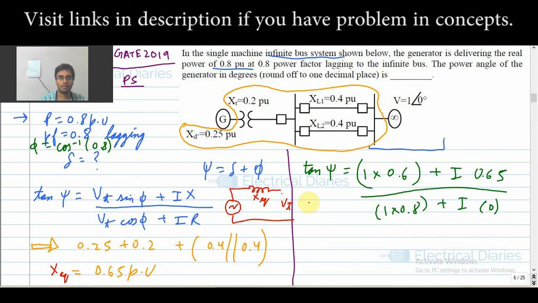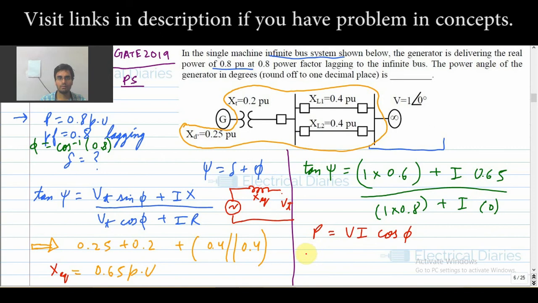Now I have to calculate I. This is the per unit system, so we use Vi cos phi. In per unit, you can calculate power in per units. If you multiply it with the base of a 3-phase power system, it will give the 3-phase power, and if you multiply it with the base of a single phase power system, it will give the single phase real power.